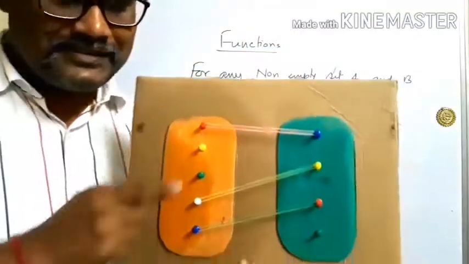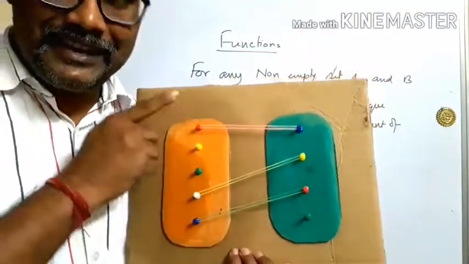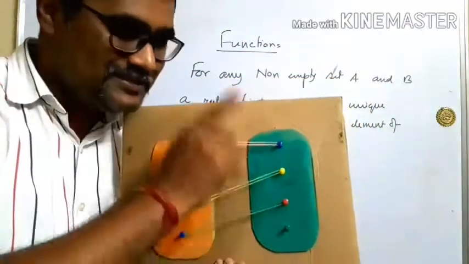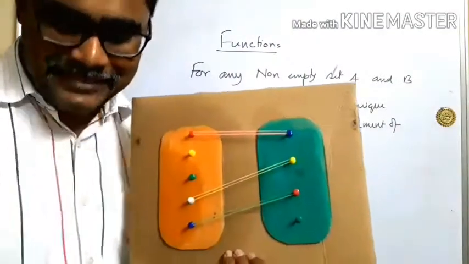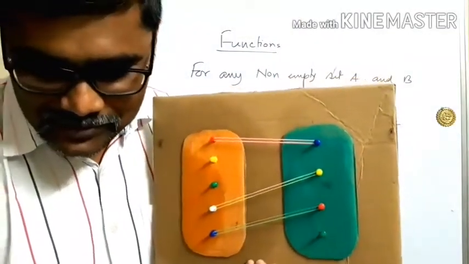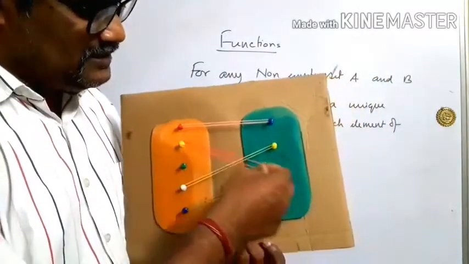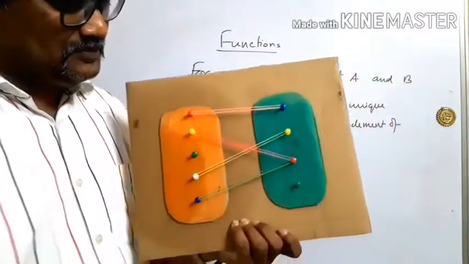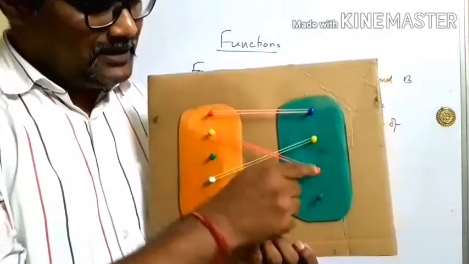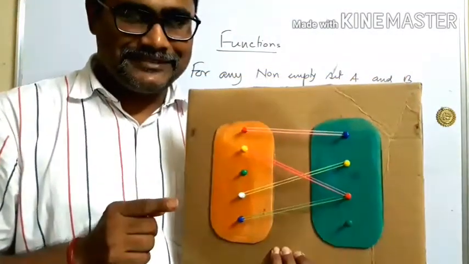But a function says you have to get every element related to a single element on this side. So we have to add more rubber bands in order to make the function. Say this is related to that. This element has an image here.